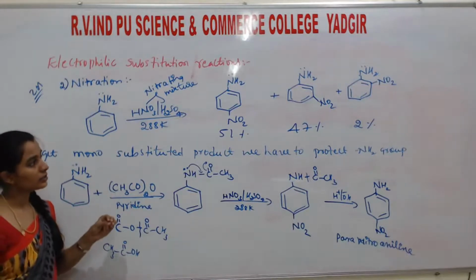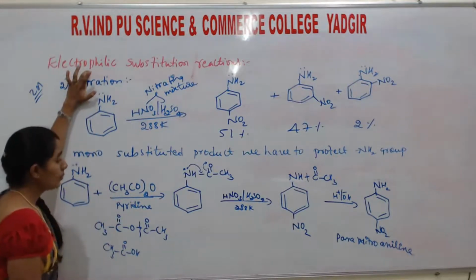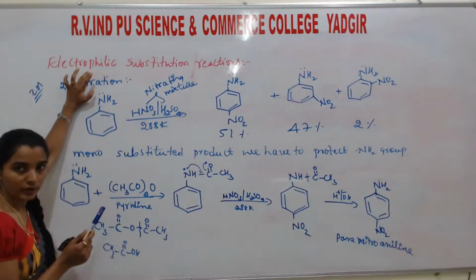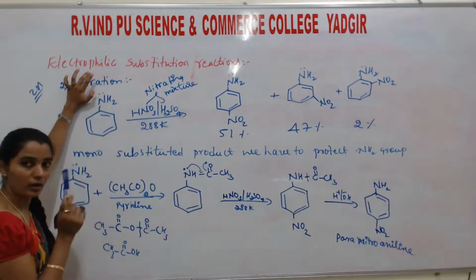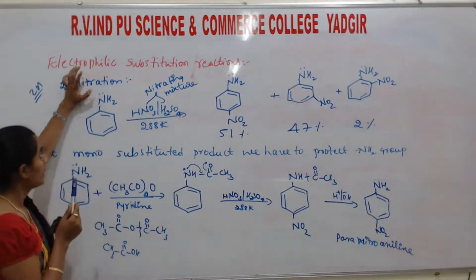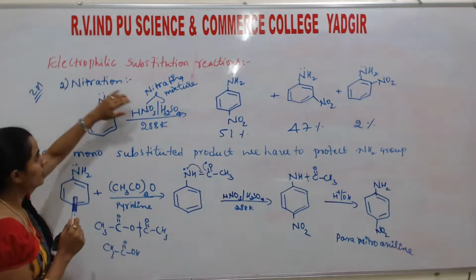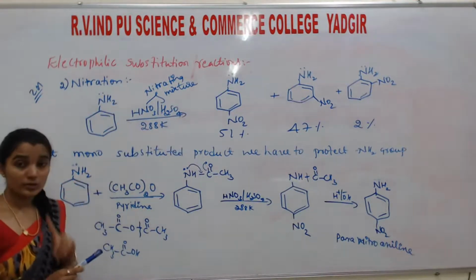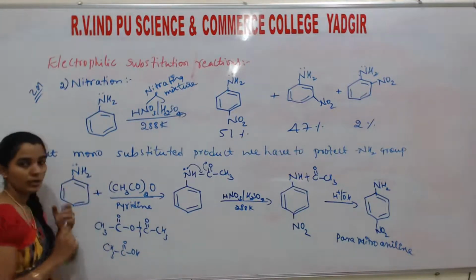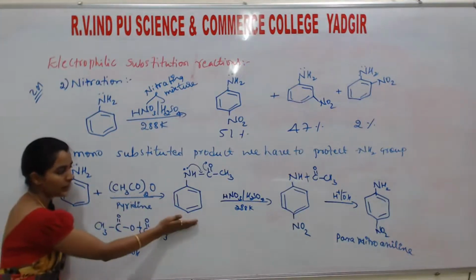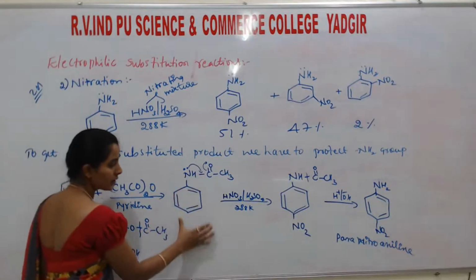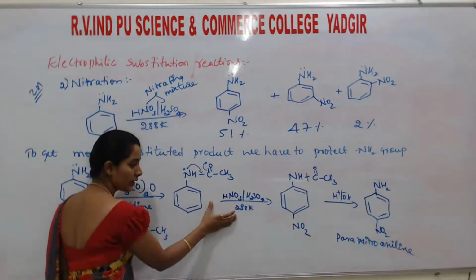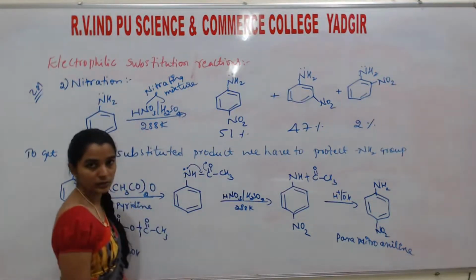Okay, in the first case also, listen, without protecting this NH2 group, if we do bromination, we will get the tri-substituted product, ortho, para, ortho tribromo. Here also, without protecting the NH2 group, we are getting three different products, ortho, para, meta. To get a mono-substituted product, we have to protect this group. Everything is the same until the product. After protecting this group, if we do bromination, we will get para-bromoaniline. Nitration, we will get para-nitroaniline.